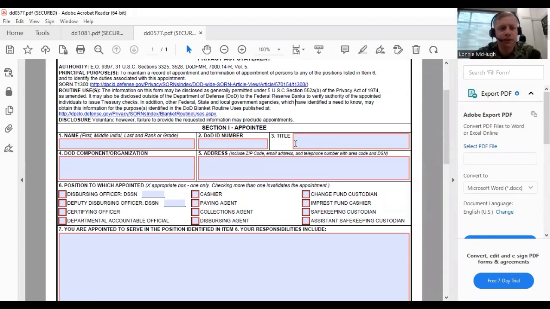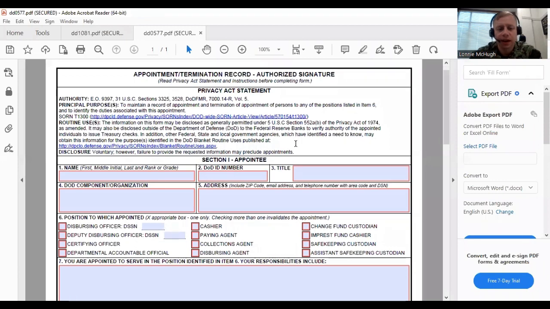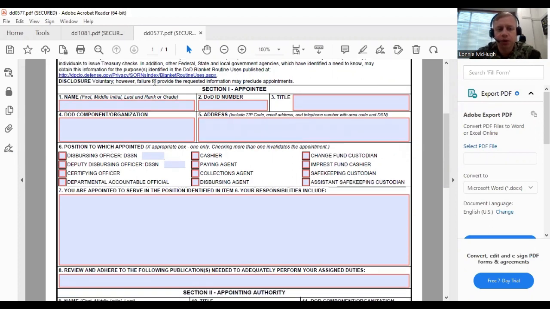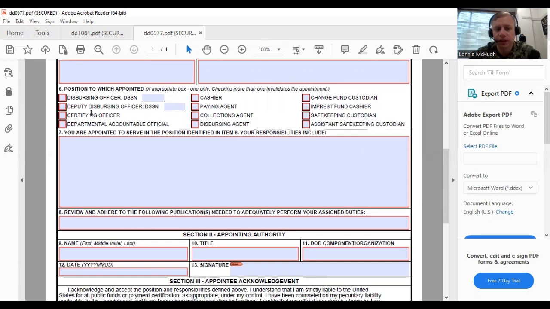All right, so this is one of your standard forms for appointing somebody. And so you'll be given one of these, whether it's a GCPC program or if you are the disbursing officer, deputy, certifying officer. It goes for a lot of financial roles. And it's pretty straightforward as you go through most of these blocks, 1, 2, 3, 4, 5. Your block 6 is your position, and it is possible that you will have multiple checks in here.